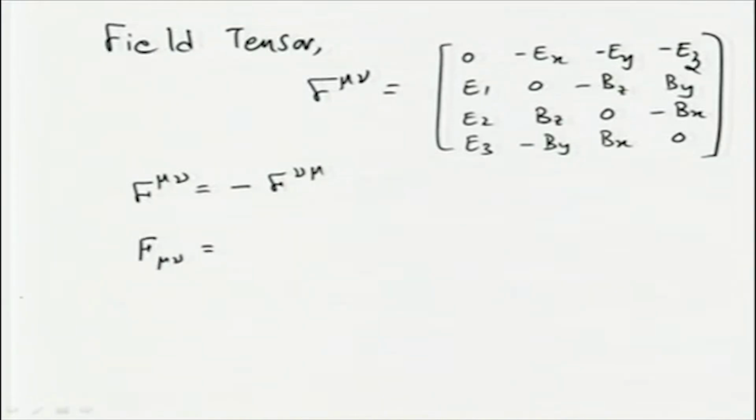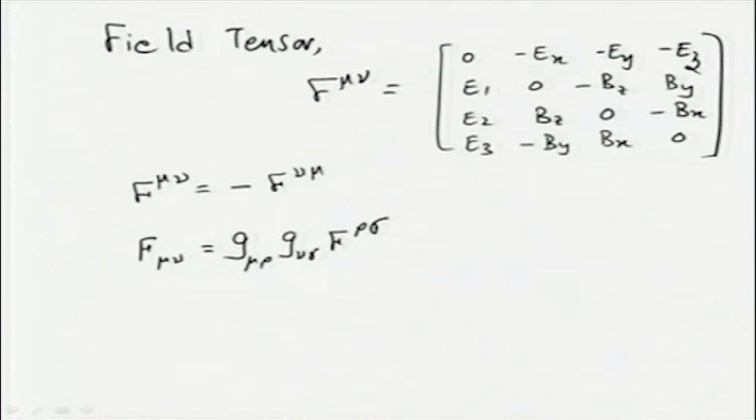So, we have to lower two of these indices if we want to write it in terms of the contravariant tensor. F rho sigma will connect with F mu nu covariant in this fashion, G mu rho G nu sigma.